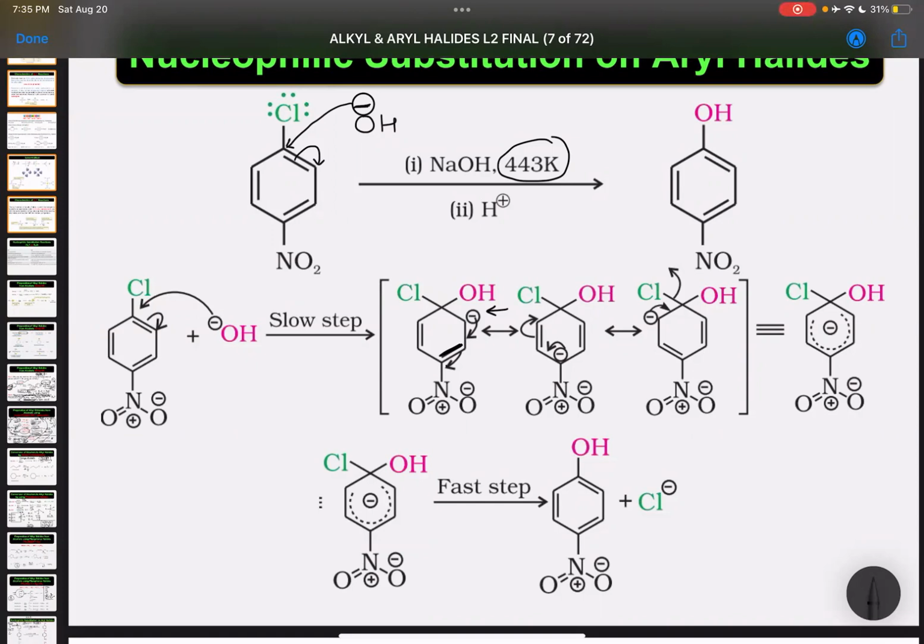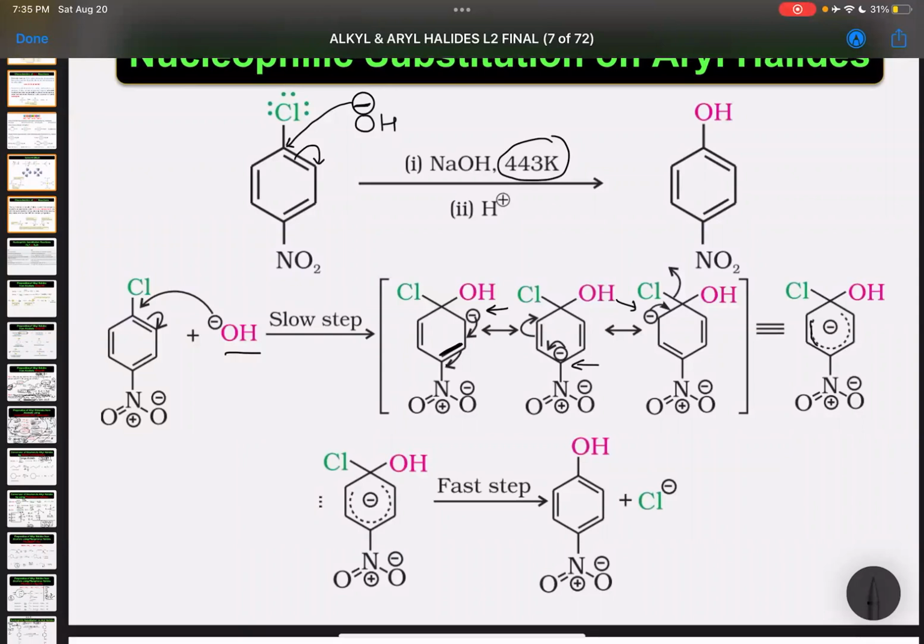This minus charge, generated by the attack of the OH minus nucleophile, will temporarily push aside one of the pi bonds, and that pi bond will appear on one of the carbons as a minus charge, and that minus charge can push aside further pi bonds of the ring. That's how the minus charge can get to various places in the ring. This is the hybrid.